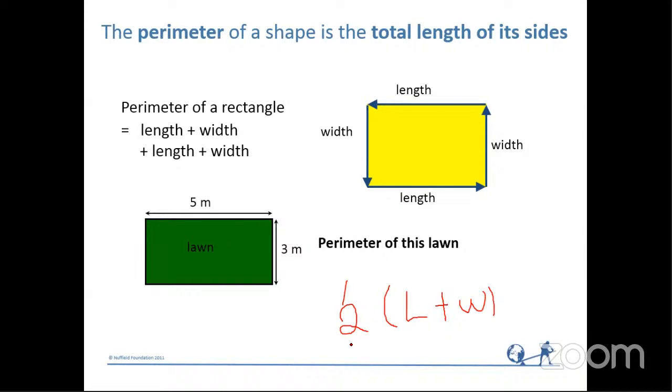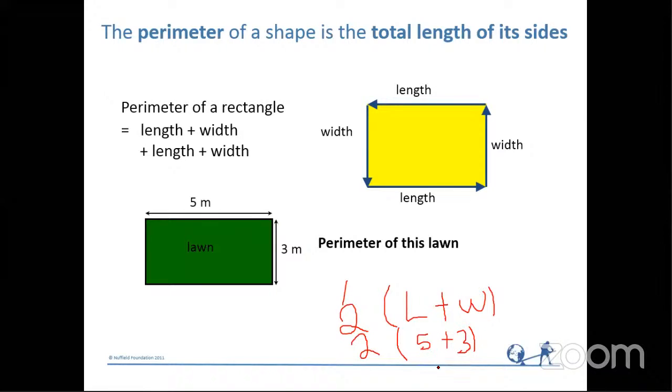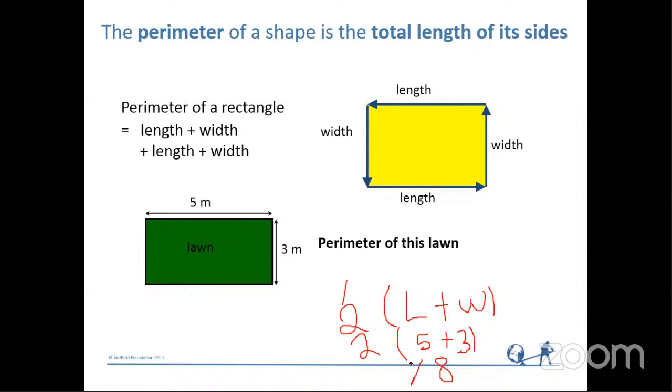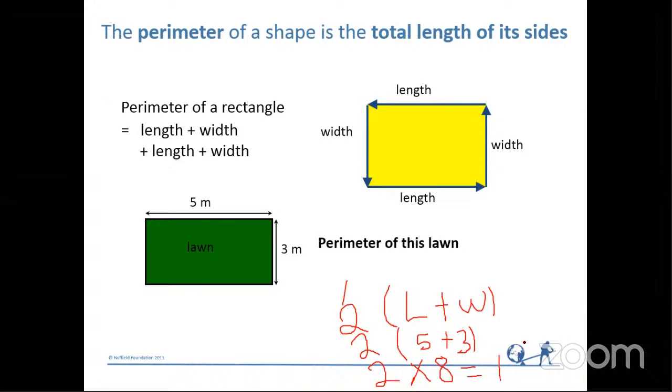So this will be 2 into 5 plus 3, and the one inside would be 8. Multiply that by 2, and it gives us 16 meters. Okay, thank you.